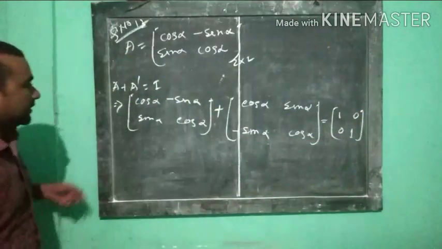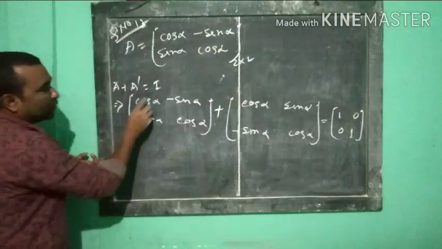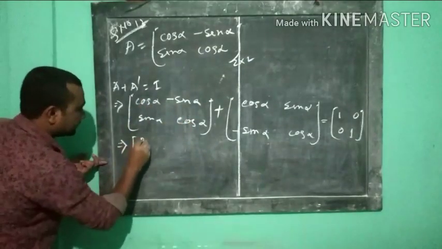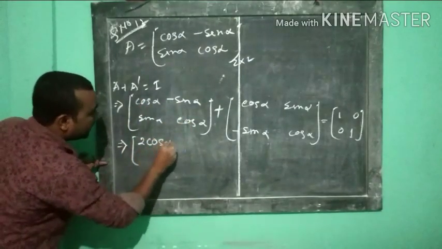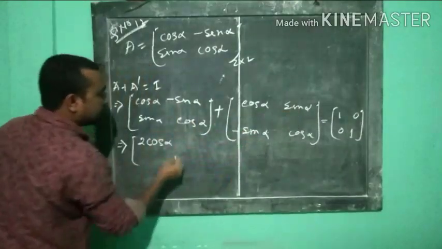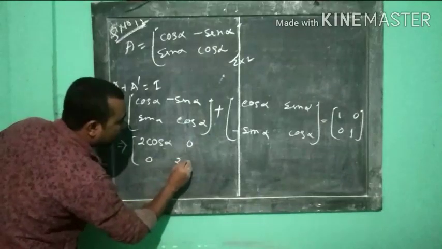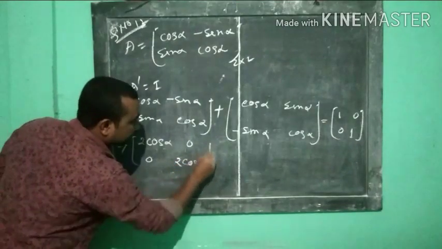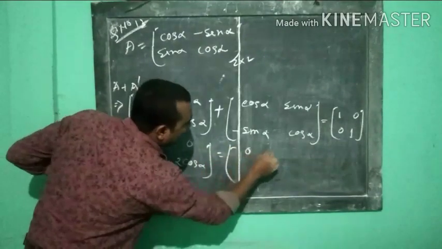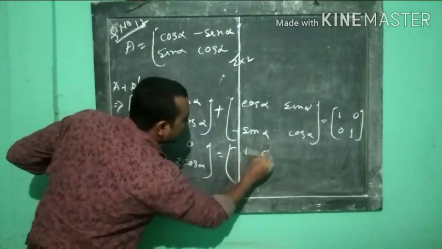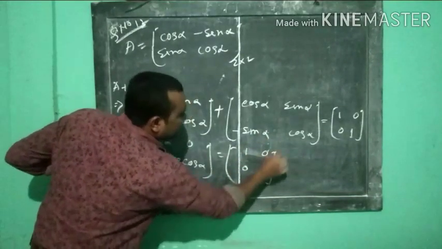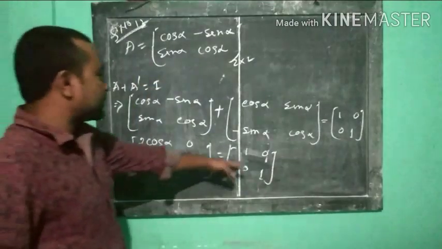If we add this, then cos plus cos is 2 cos alpha, minus sin plus sin is 0, and sin minus sin is 0. This is 2 cos alpha, equal to, sorry, 1 0 and 0 1. This is a 2 by 2 matrix, and this is also a 2 by 2 matrix.